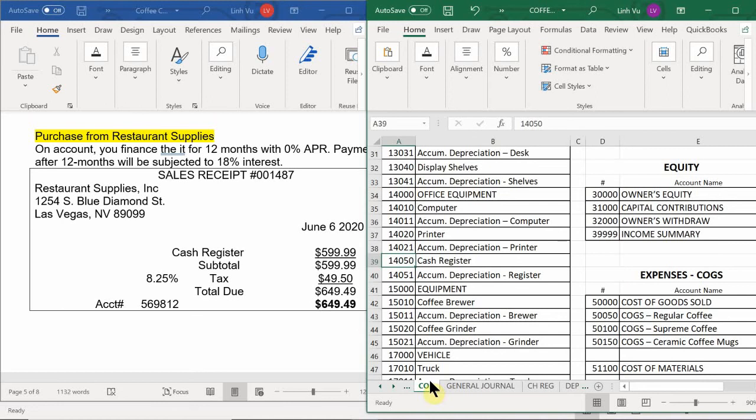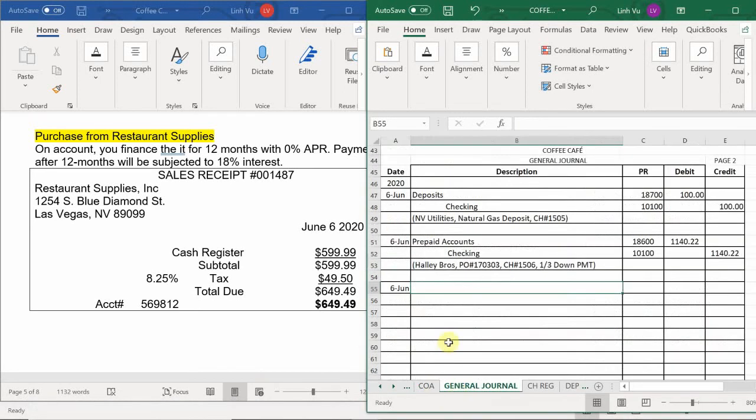Cash in register, that's one, no, it's not this one. So what is my actual account? We do. It's 14,050. Okay, so let's make that note here that we bought a cash register, account number 14,050.